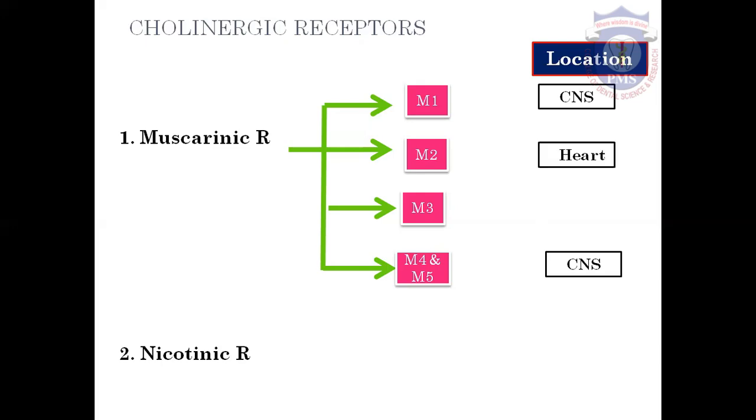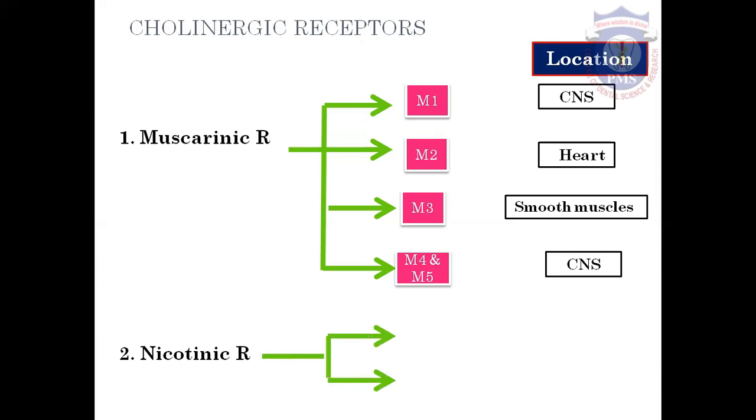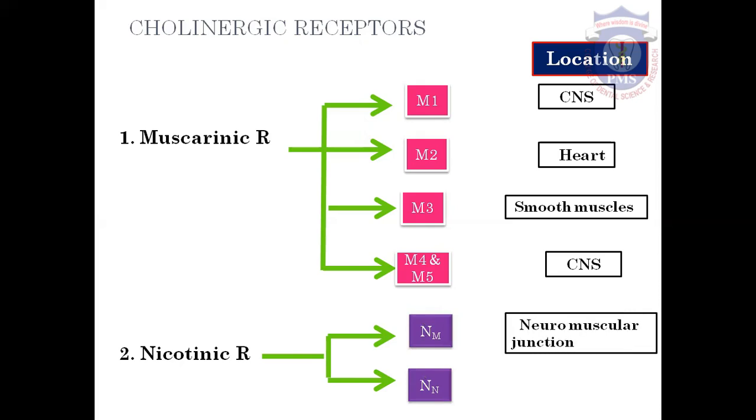The M2 receptors are present on the myocardium. The M3 receptors are present on our smooth muscles, and M4 and M5 are present in the central nervous system. The nicotinic receptors are of two types, NM receptors and NN receptors. NM receptors are present at the neuromuscular junction, and the NN receptors are seen in the ganglia and adrenal medulla.